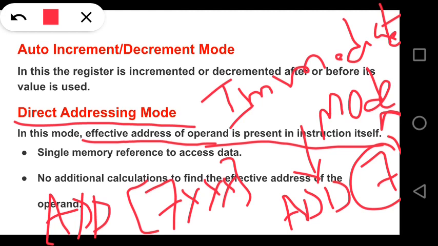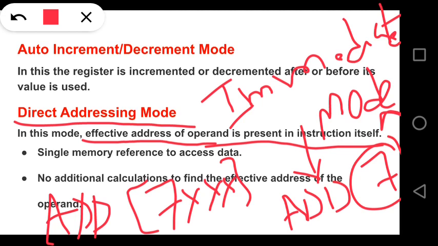So just take this address, place it in the MAR, memory address register, perform a read operation, fetching from the memory, place that operand value in MDR, and from MDR place it in any one of the registers and proceed with the operation execution. So this is called direct addressing mode.